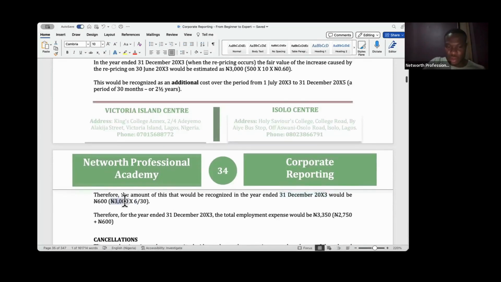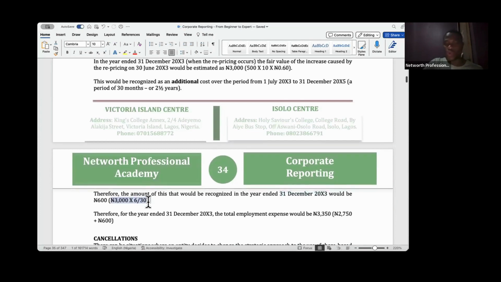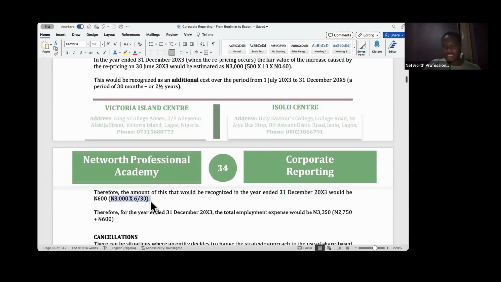So this 3,000 will be prorated by 6/30. This 6 represents the fact that for this year, this increase started from 1st of July and the end of the year is 31st December. That's 6 months, and this 3,000 is going to be recognized over 30 months. So it's going to be 6/30 multiplied by 3,000, and that will give me 600.